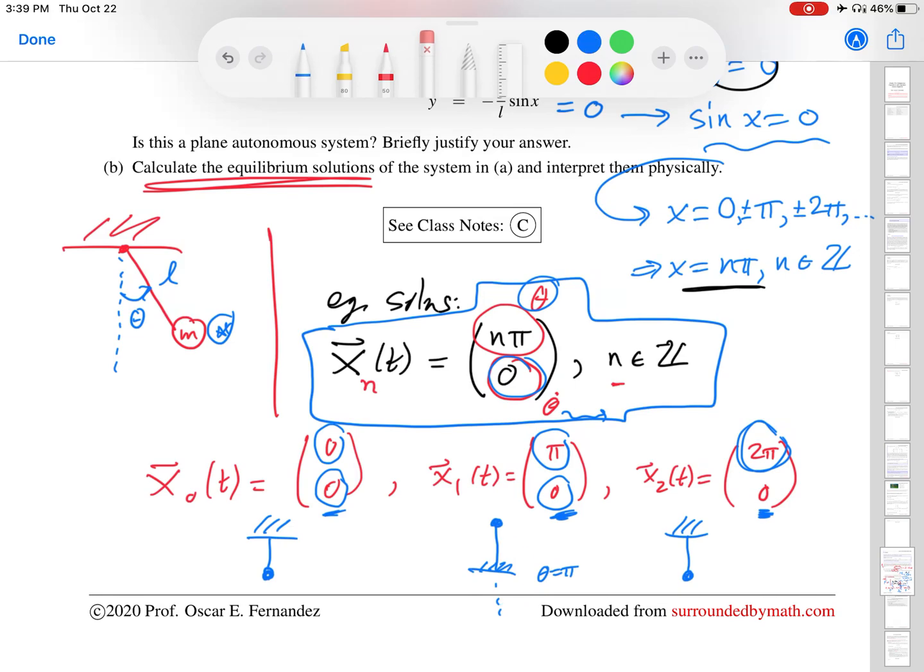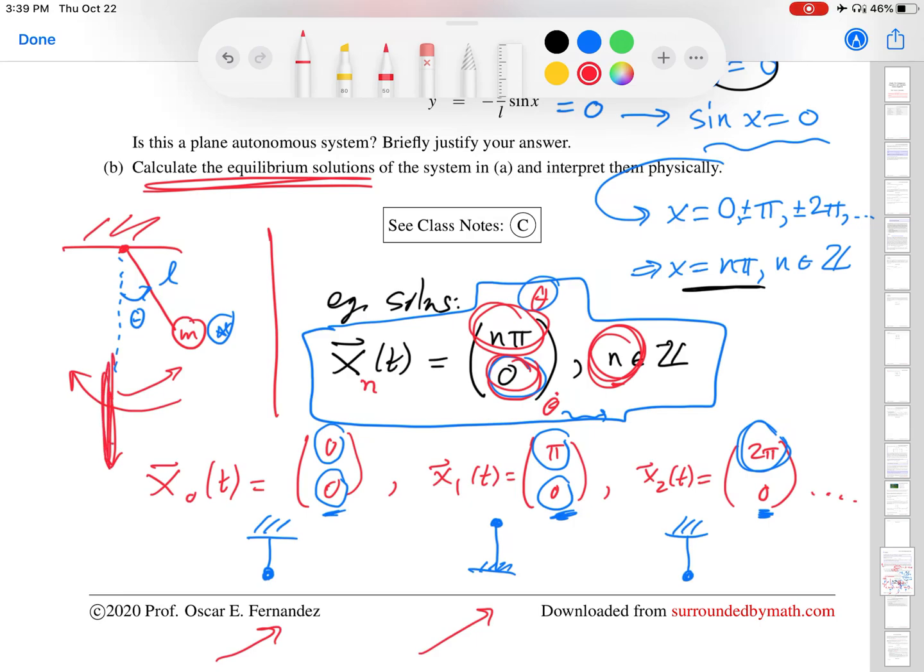And you can convince yourself that if I were to keep writing equilibrium solutions of the same form, n pi and 0, these pictures wouldn't change. I would either get this picture or that picture. You can also convince yourself that if I used a negative n value, then instead of theta going that way, I'm measuring it going this way. But this is still theta equals 0.